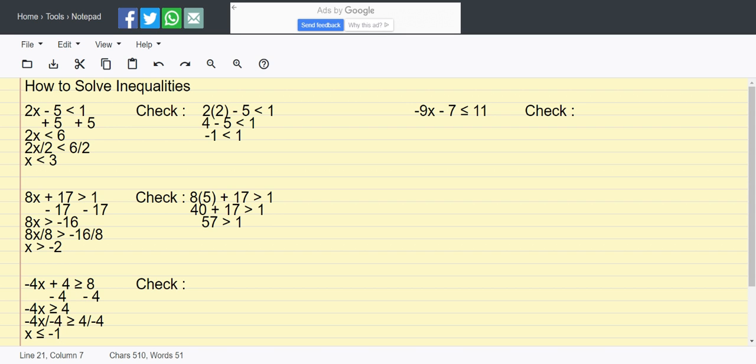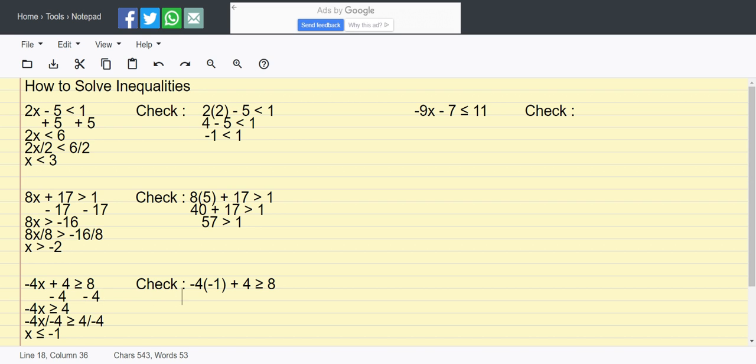Check if this is the correct answer. You can plug in any value into x that is less than or equal to negative 1 and see if this is true. I'm going to put in negative 1. Negative 4 times (negative 1) plus 4 is greater than or equal to 8.